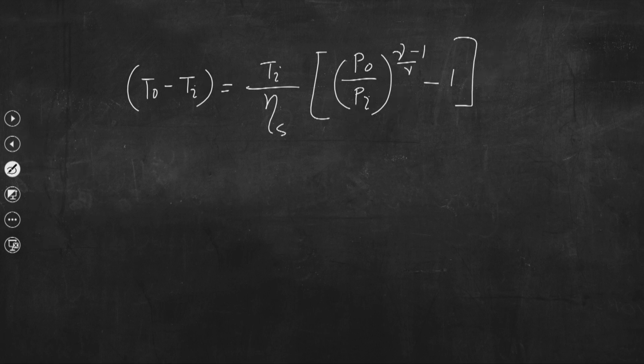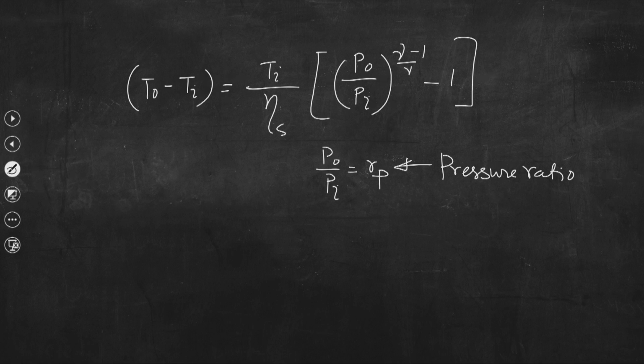So, this PO by Pi is known as the pressure ratio, the rise in pressure because of this compression process.